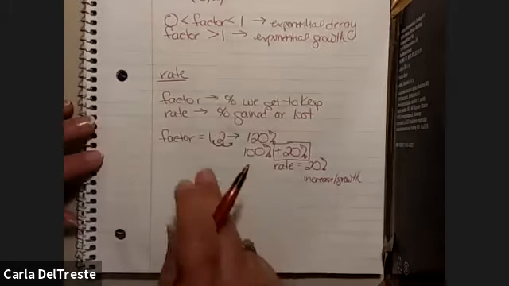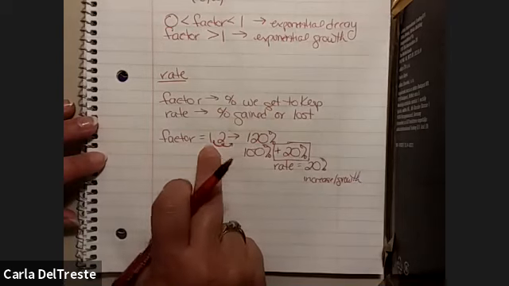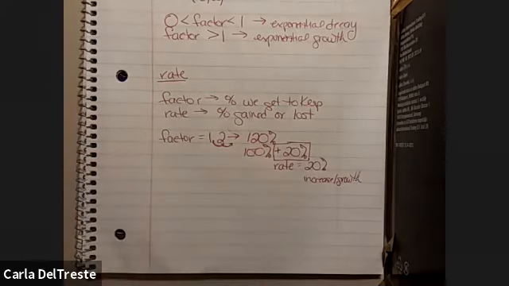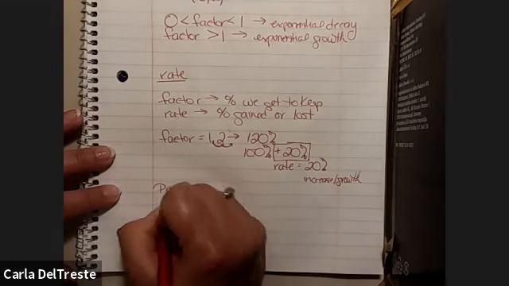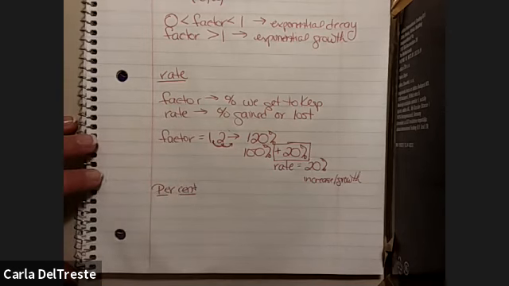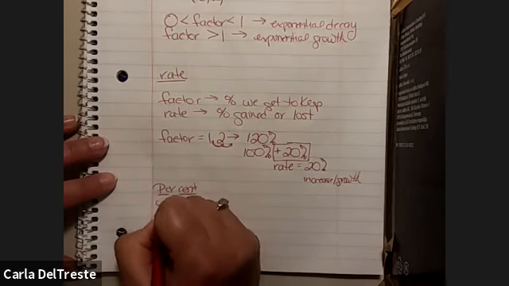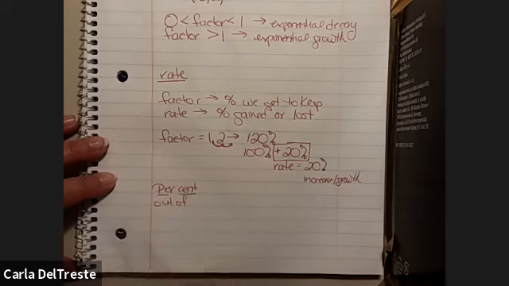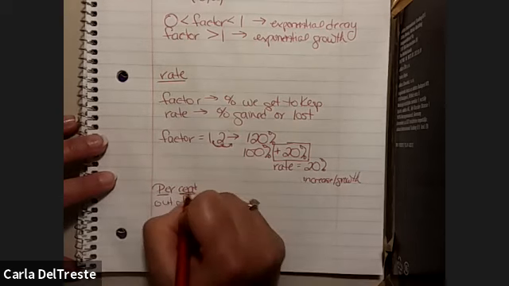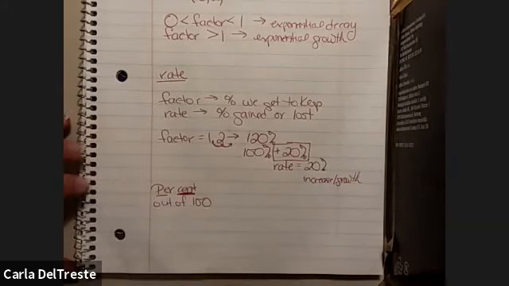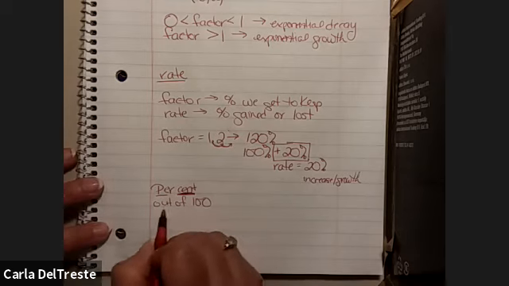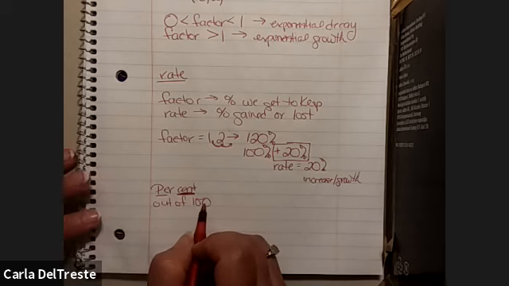All right, for those of you that aren't sure where we got from 1.2 to 120, let's do a little mini crash course in percents. If you pull apart the word percent into two parts, we have per, which is another way to say out of, and then we have cent, which is the Latin root for 100. That's why 1 cent is 100th of a dollar. So this literally means out of 100 when you're talking about a percent.